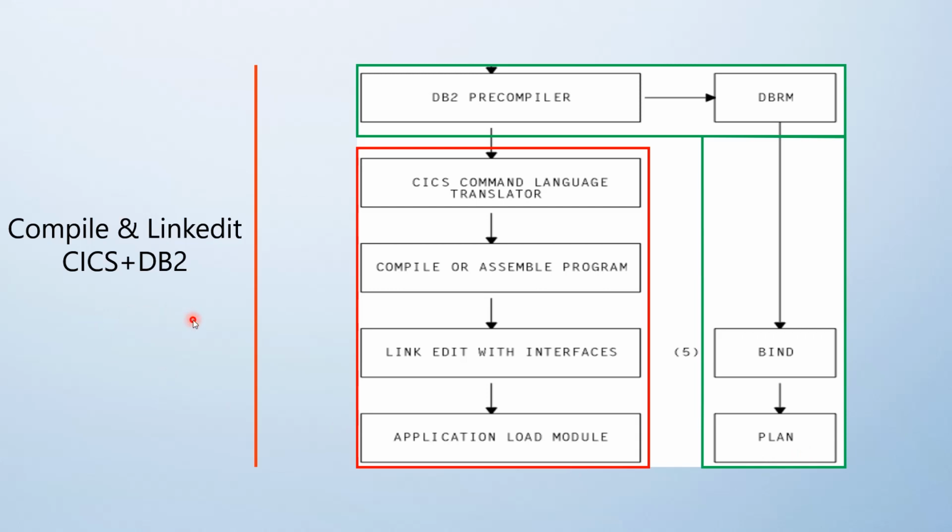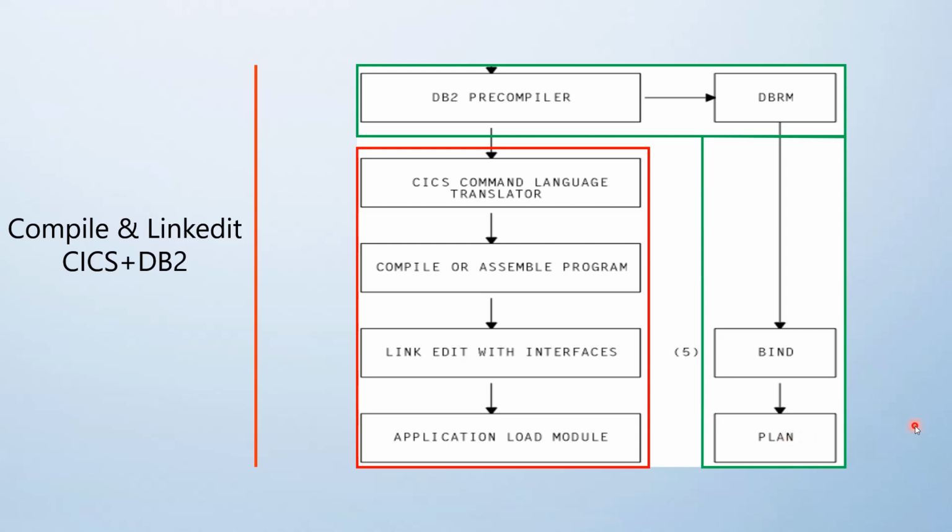So for a COBOL CICS DB2 module to work together, it requires two things: one is the application load module, and also the plan, which is sitting inside DB2. How these two things gel together, we will see in the upcoming videos.